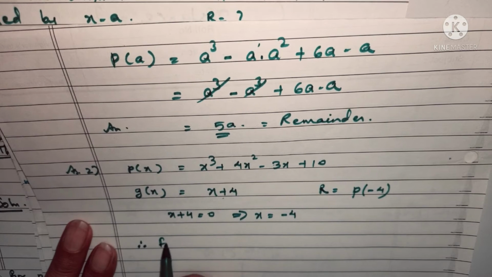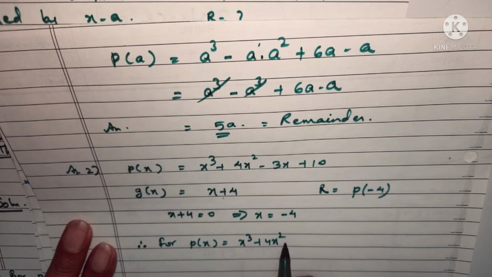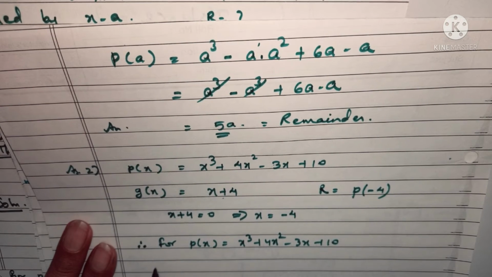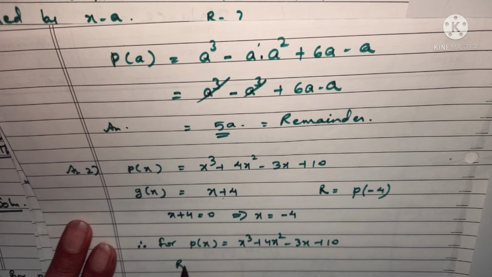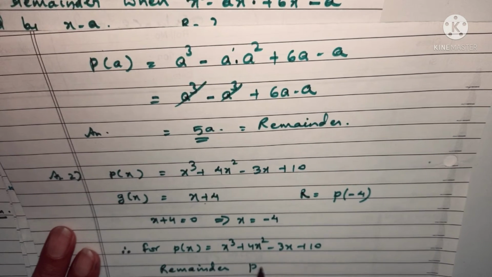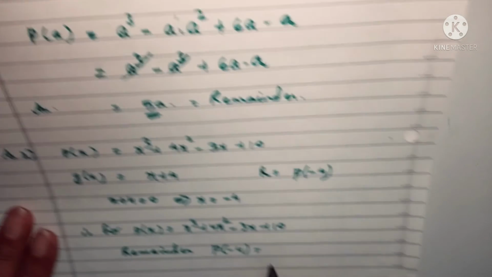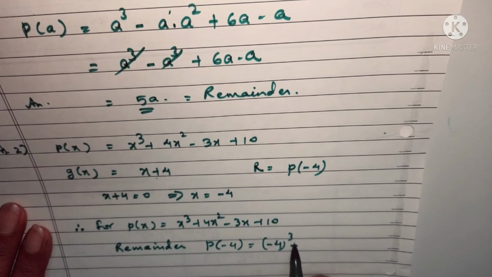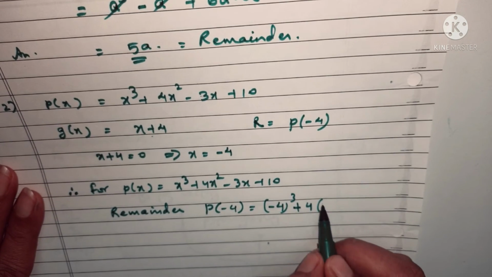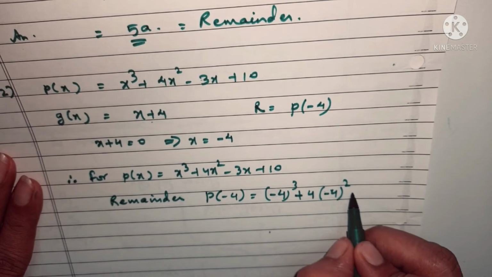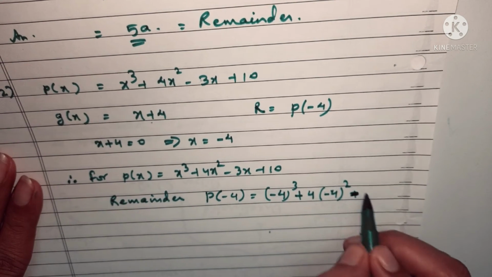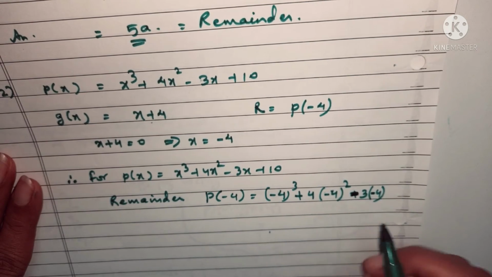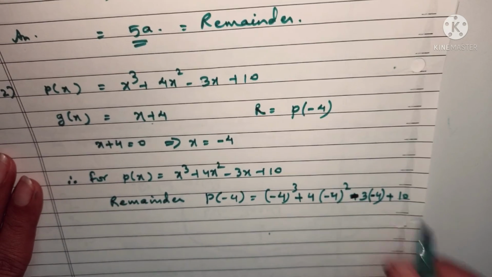Therefore, for P(x) equal to x cube plus 4x square minus 3x plus 10, the remainder P(minus 4) will be equal to what? Just put the value of x. So minus 4 to the power cube plus 4 times minus 4 to the power square, plus minus 3 times minus 4, and plus 10.